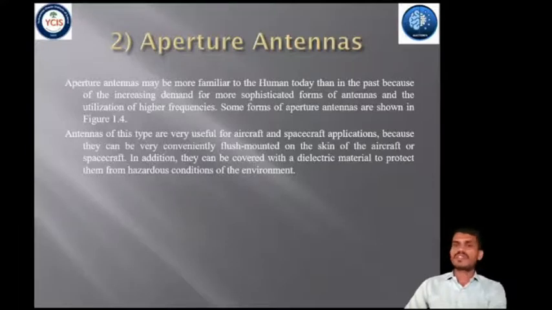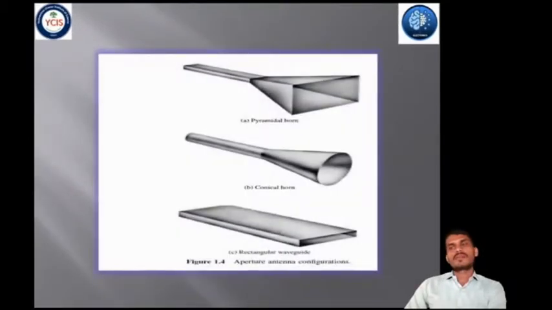Some forms of aperture antennas are shown in this figure, in which there are 3 different types. The first one is the pyramidal horn, which looks like a pyramid. The second one is the conical horn, which looks conical. And the third one is a rectangular waveguide antenna.